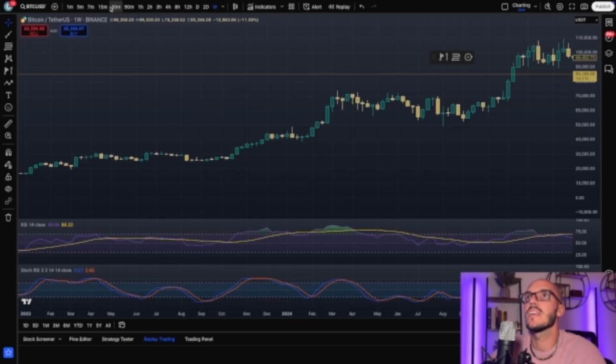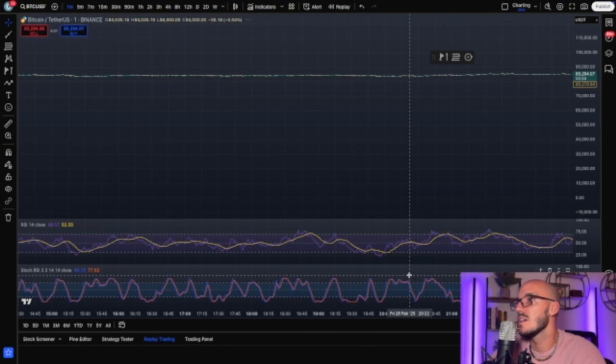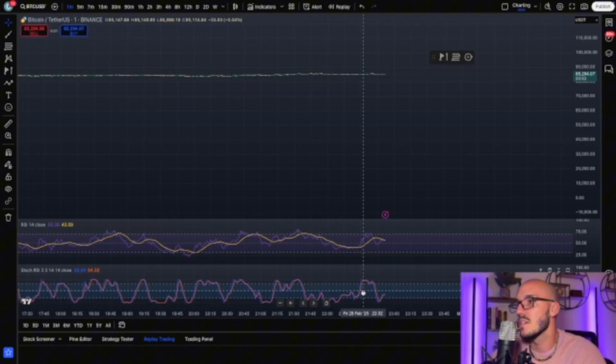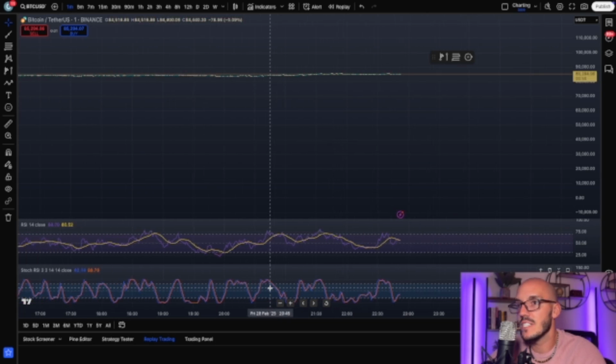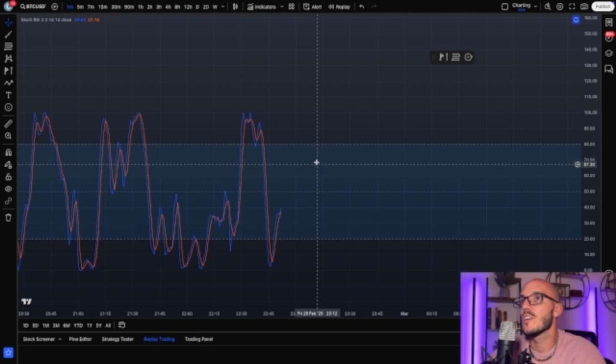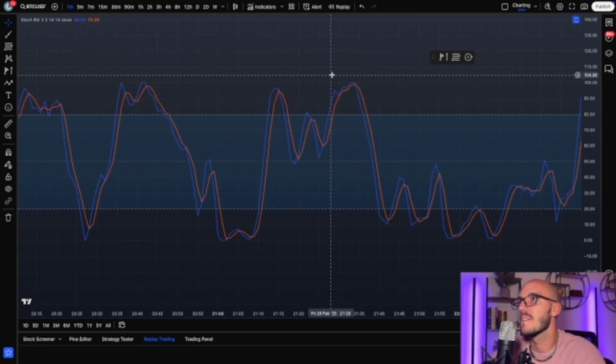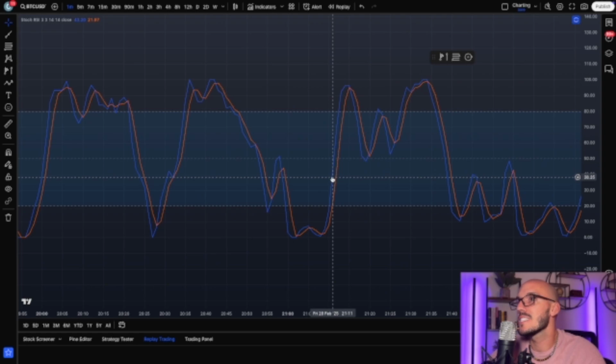Let's look at something like the minute time frame because these are good to scalp sometimes too, where things can get really violent. This is a decent example over here. In this instance, when price action started to run up very, very quickly, you can see that the blue line started to get very overextended from the orange line.